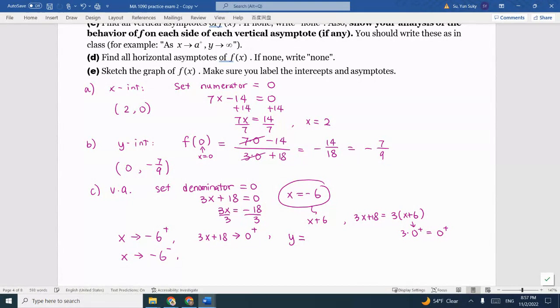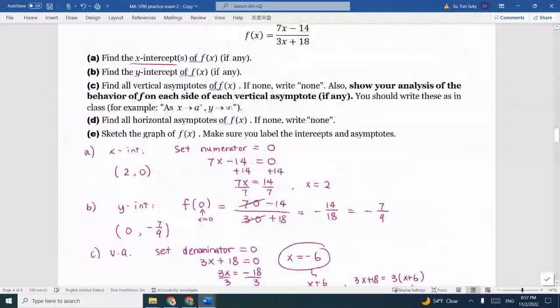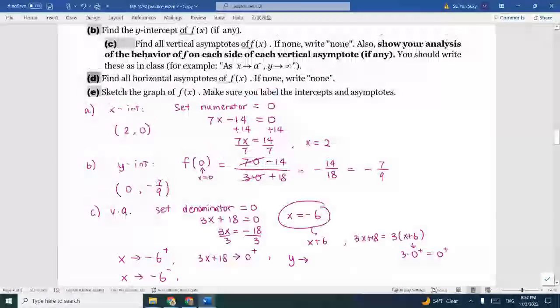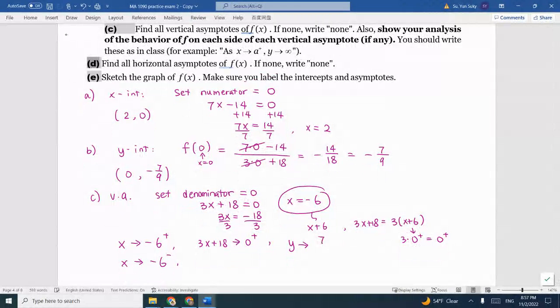Now how about the y? In this case we look at the factor form. Because in this problem it is already factored, we just look at 7x minus 14, where x is -6, over 3x plus 18, which goes to 0 plus.